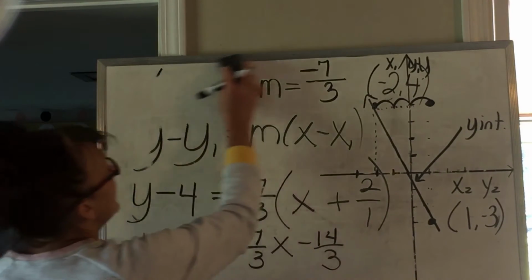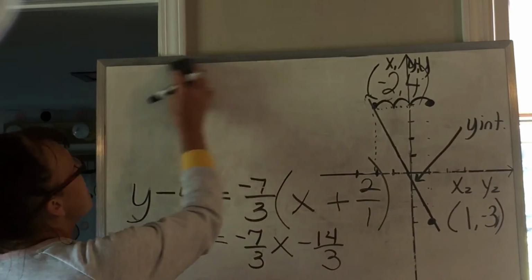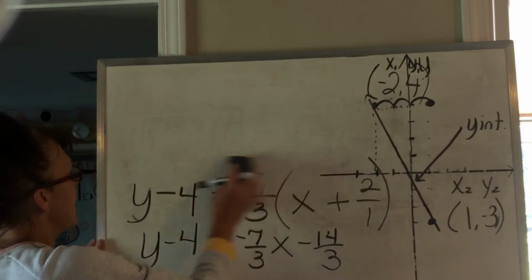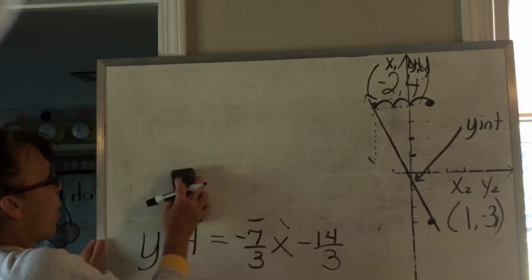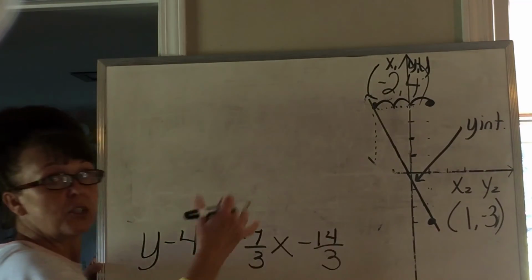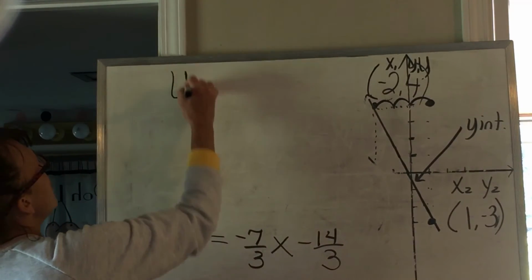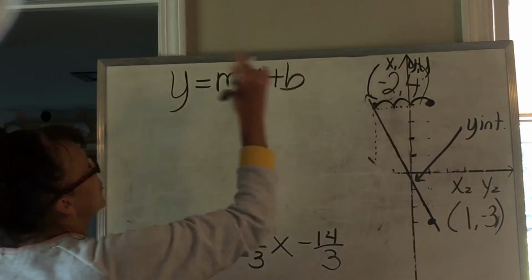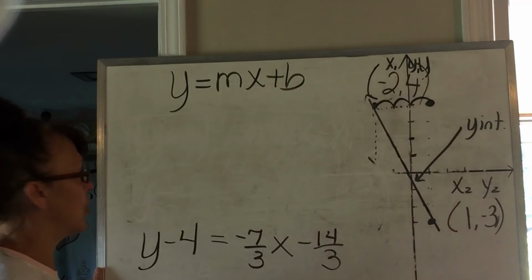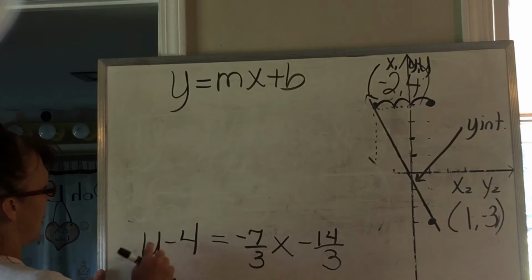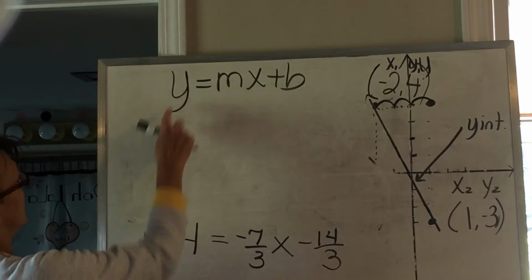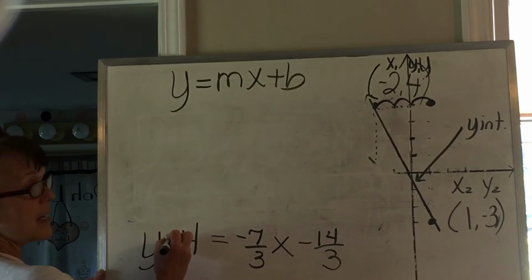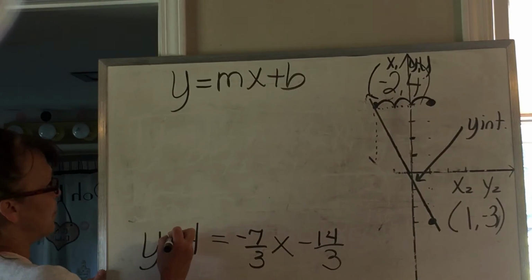Now, I'm going to do a little bit of work on that because you're trying to get this in y = mx plus b form. So you're trying to get your problem to look like that as far as your final answer. Well, hey, you're off to a good start. Y comes first. This number is out of sorts. It's in the wrong spot.